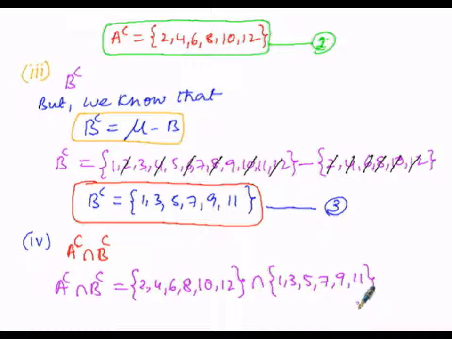Now A complement intersection B complement is equal to the common elements.